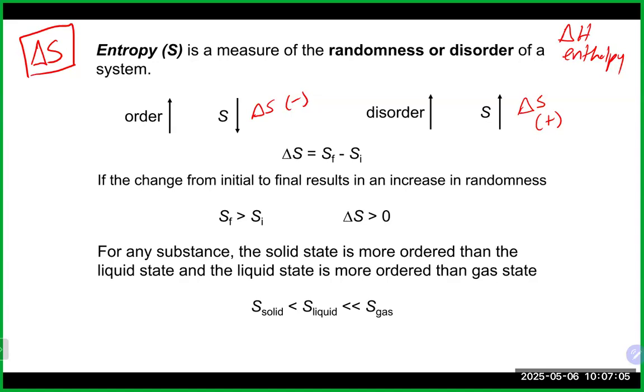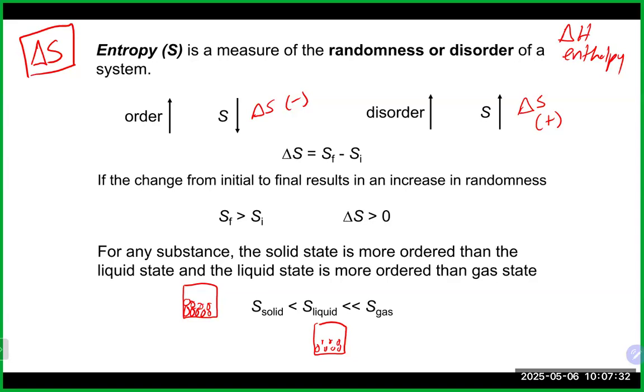One of the easiest ways to visualize entropy is when we do a change of state. In the solid state, things are typically packed in pretty ordered with each other. In the liquid state, things have a little more energy, so they're moving around a little more, and there's a little more craziness happening.